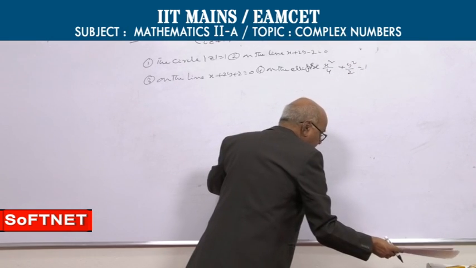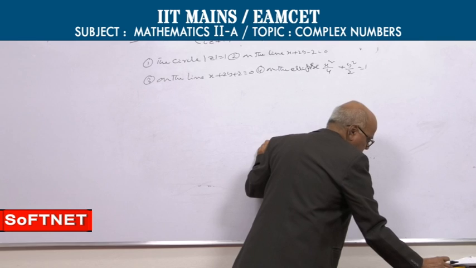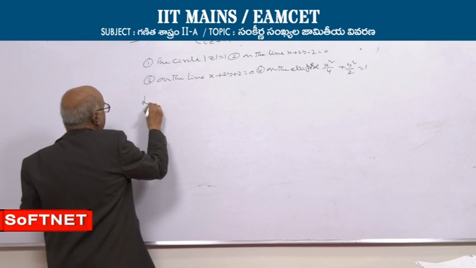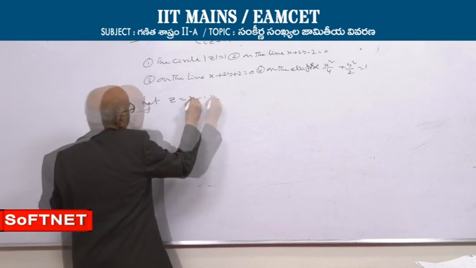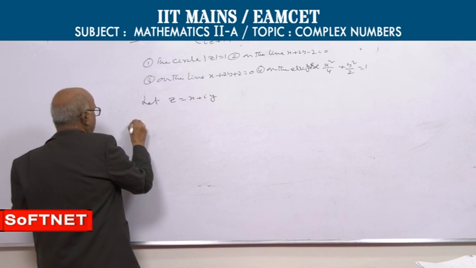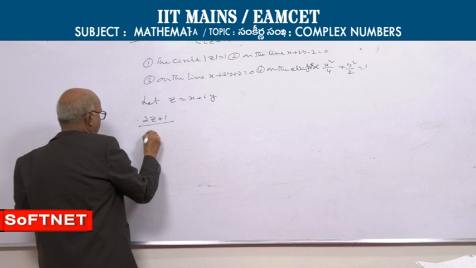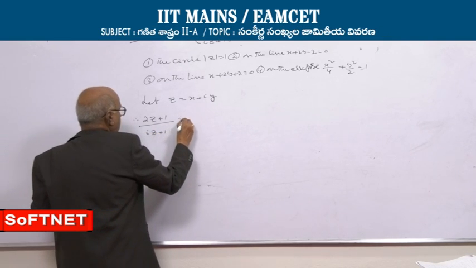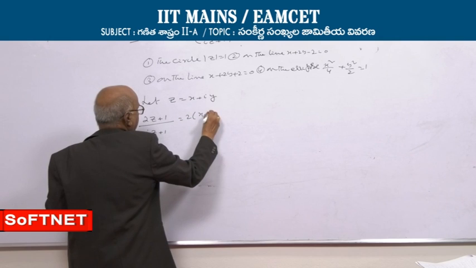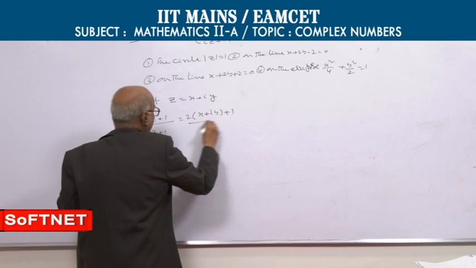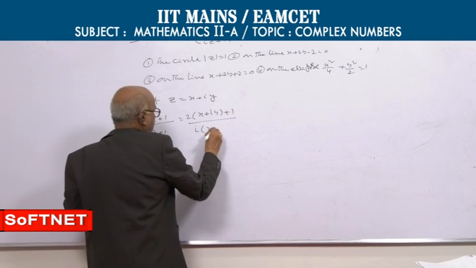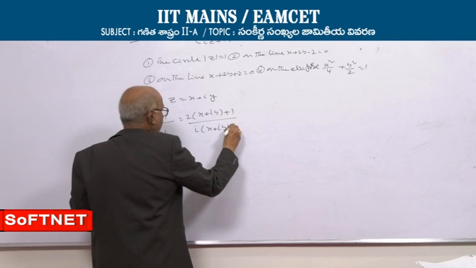Now this problem also needs simplification only. Now let z is equal to x plus iy. So therefore 2z plus 1 by iz plus 1 is equal to 2 into x plus iy plus 1 by i into x plus iy plus 1.